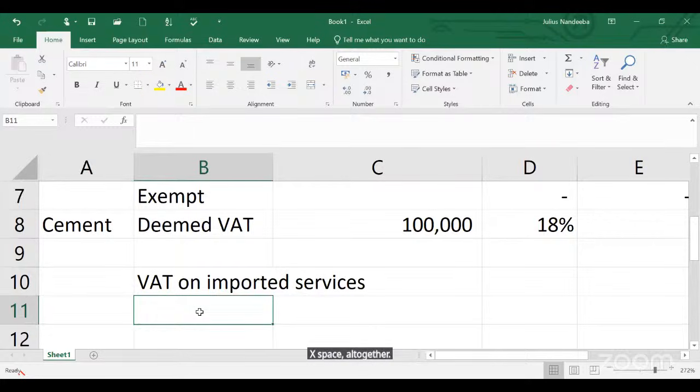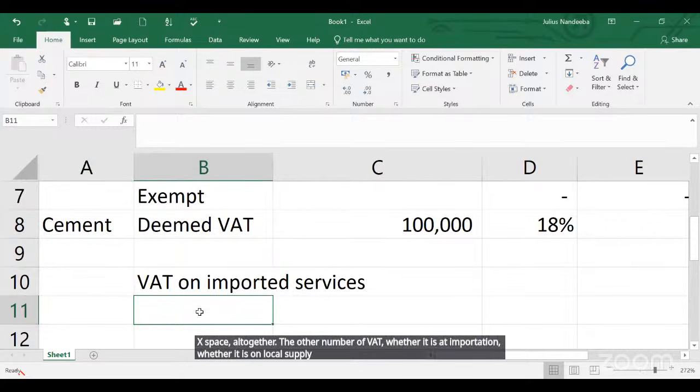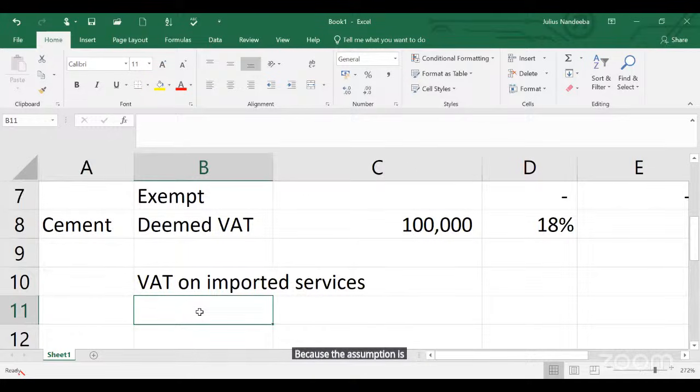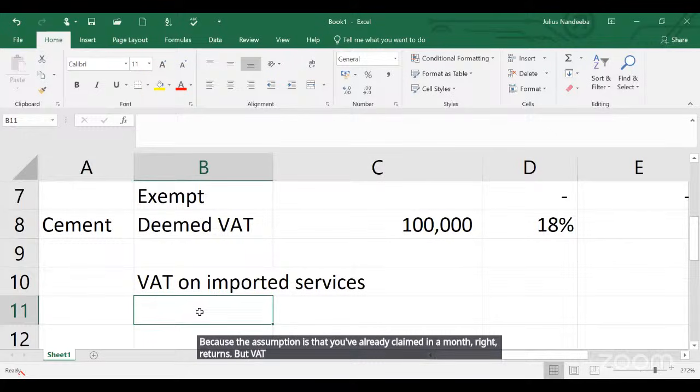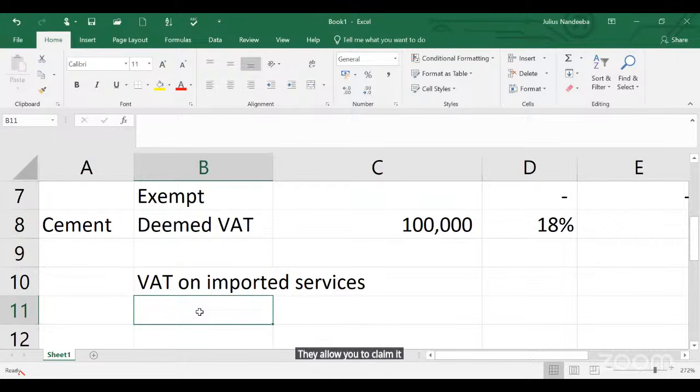The other normal VAT, whether it is at importation or on local supply, is not claimable in income tax, because the assumption is that you've already claimed it in the monthly returns. But VAT on imported services, because you do not have any input tax, they allow you to claim it in your income tax returns as part of the expense.